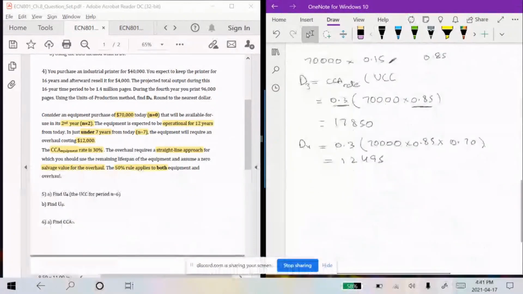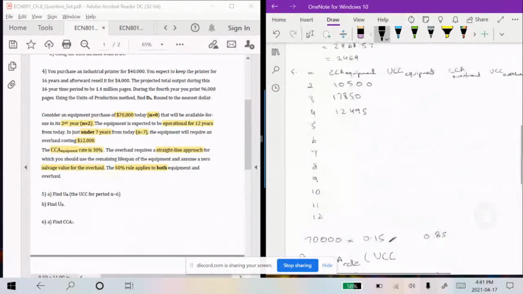What happens in the next one is that each year going forward, it gets depreciated by 30%, right? So in this one, it's 0.3 into 70,000 into 0.85 into 0.7, and then again 0.7, so 0.7 squared. Each period going forward, it just gets multiplied by another 0.7. So you get 0.7 cubed in the next one, 0.7 to the power 4 in the next one.